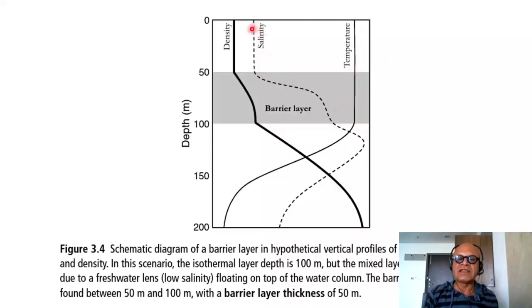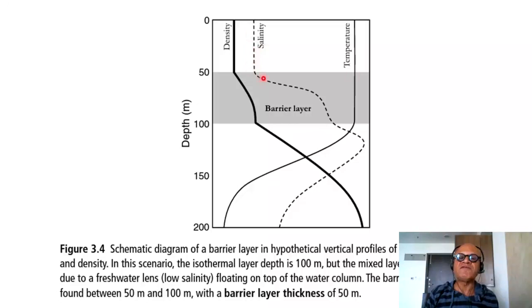So obviously salinity is lower near the surface here and increases towards the deeper ocean, as opposed to the temperature which is higher near the surface and decreases towards the deeper ocean. So freshwater forcing, obviously if you go to evaporative regions like the subtropical gyre, this can be different, but in the tropics this is quite common.